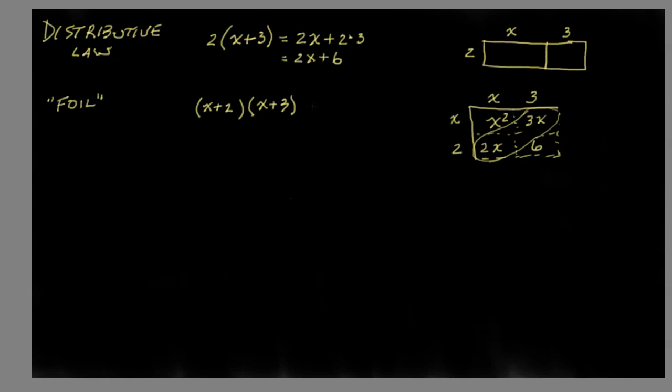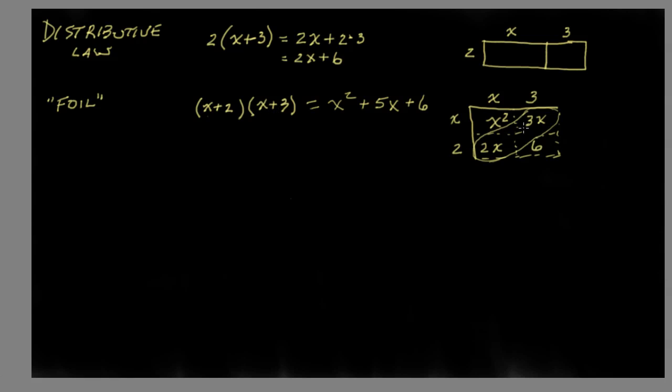And so our final answer to this problem becomes x squared plus 2x plus 3x, which is 5x, plus the remaining cell, which is 6. So there's FOIL. Again, we talk in FOIL about first, outer, inner, and last.